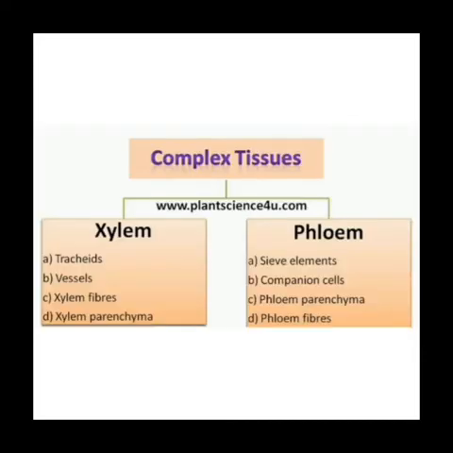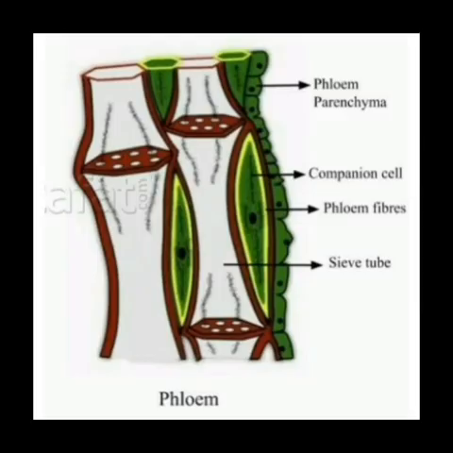Like xylem, phloem also has 4 different cells or elements. They are sieve tubes, companion cells, phloem parenchyma and phloem fibers. Sieve tube is the main food conducting tissue.